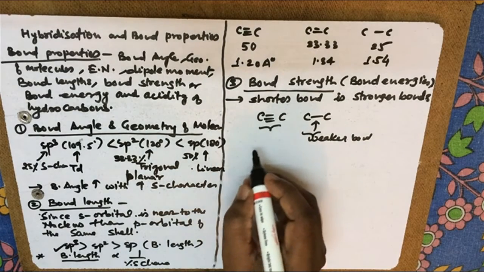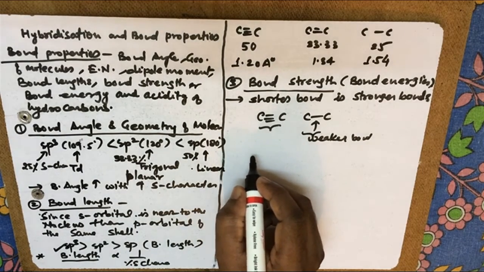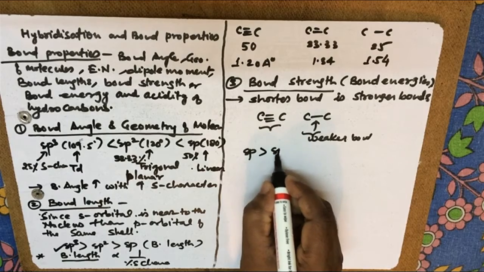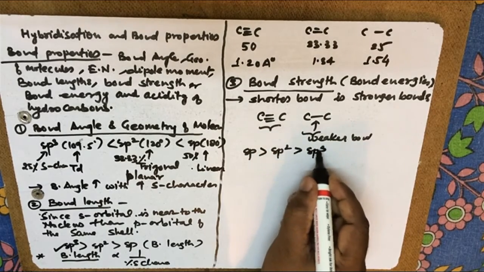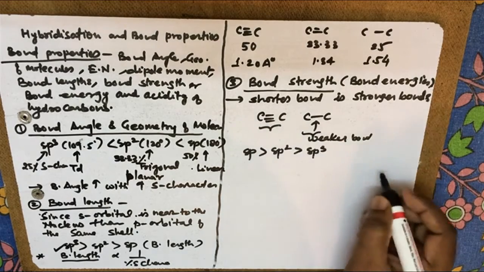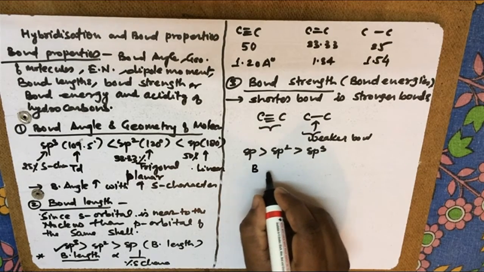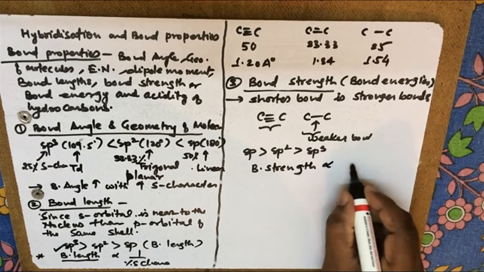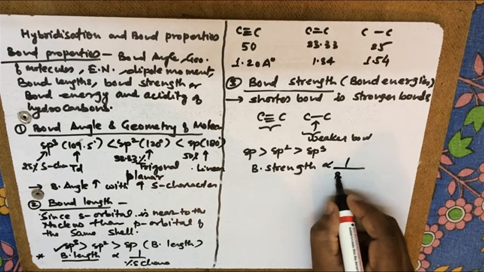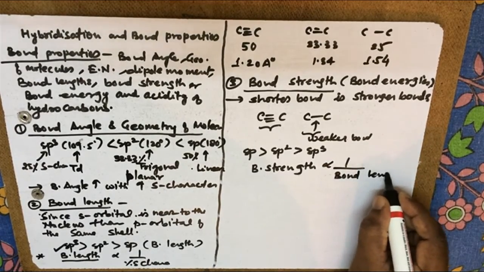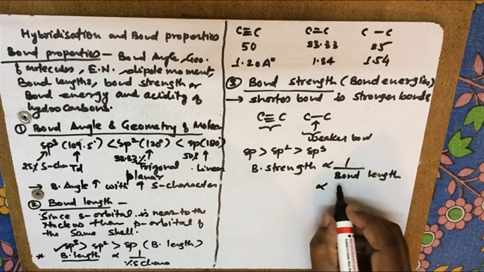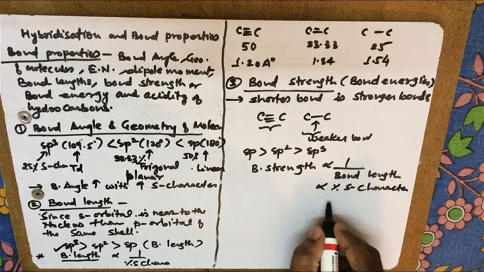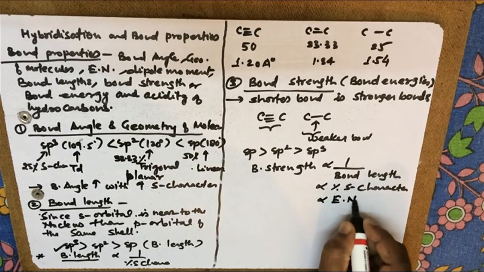So here the order of bond strength: sp is greater than sp2, greater than sp3. So actually the bond strength is inversely proportional to bond length and proportional to percentage of s character, proportional to the electronegativity.